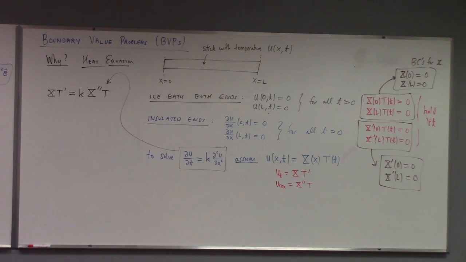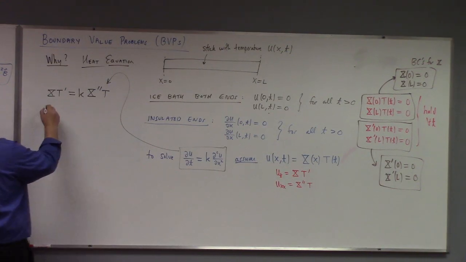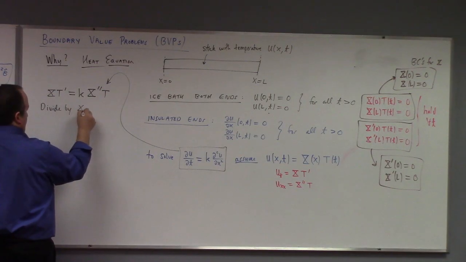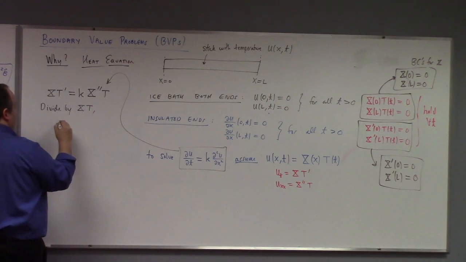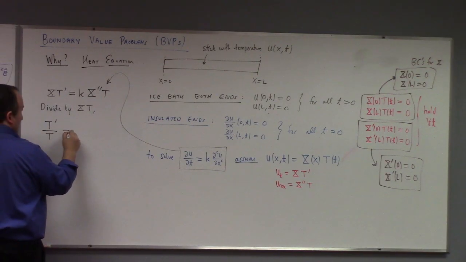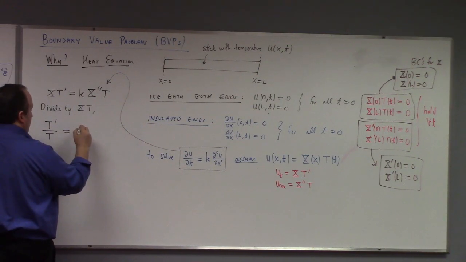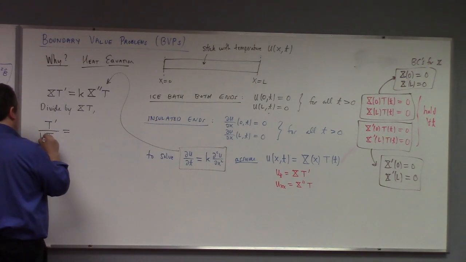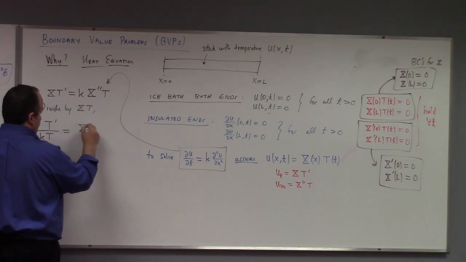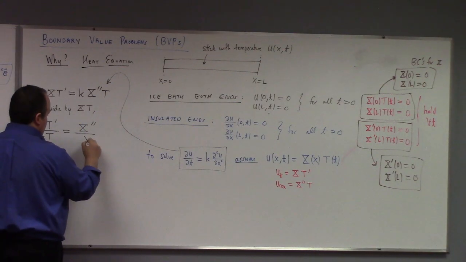Now what we do is divide by XT. What's that give us? That would give us T prime over T is equal to, I'm going to bring the k to the other side, T prime over kT equals X prime prime over X.